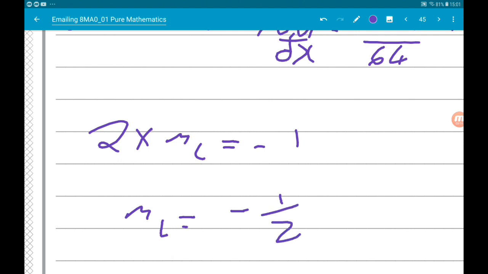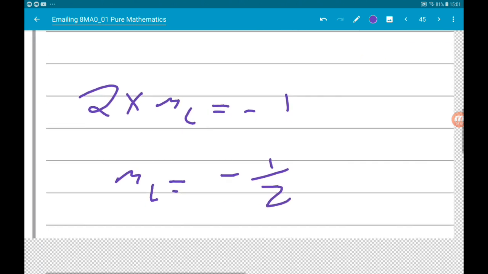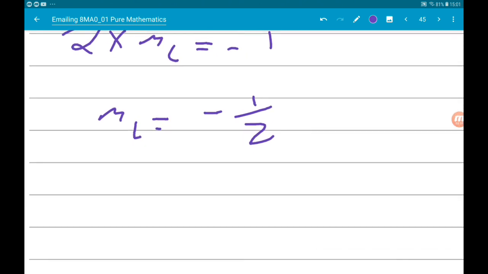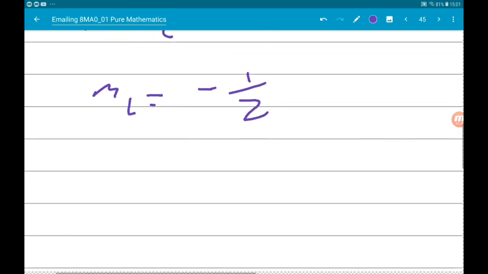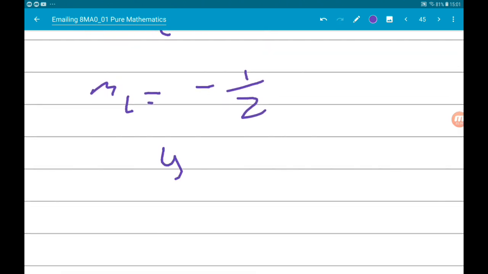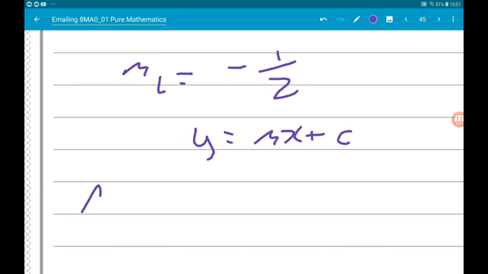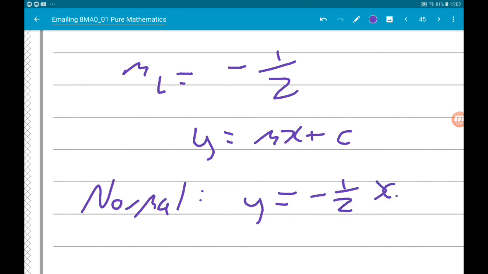Now, using the general equation of a straight line, y equals mx add c, the normal is of the form y equals minus 1/2 x add c.